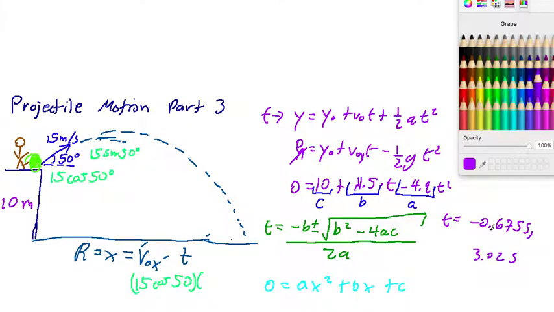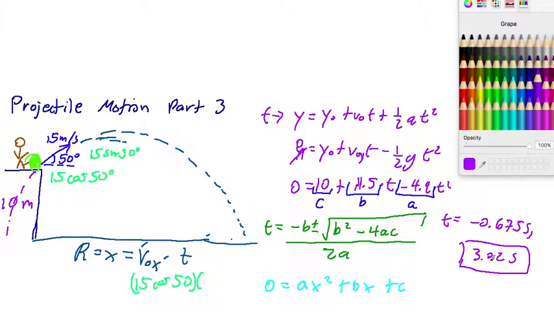Time can't be negative. We can't travel to the past. And that's very true. So here, that's just saying that, even though it is not physically possible, mathematically it is. So even before it was here, it was down here at negative time. So you don't really have to worry about what that means. Most of the time in non-calculus physics, we're only going to use the 3.02 seconds to do our calculations.